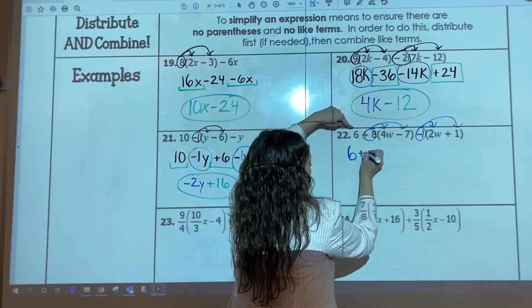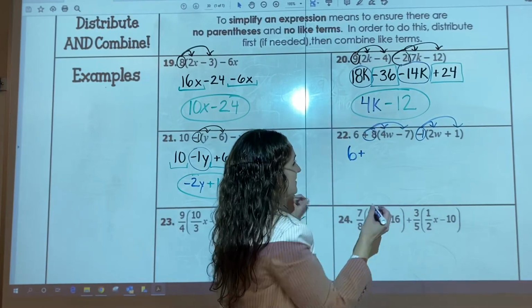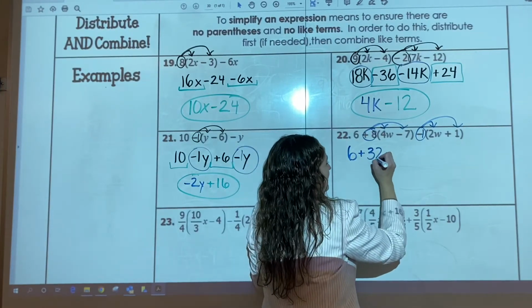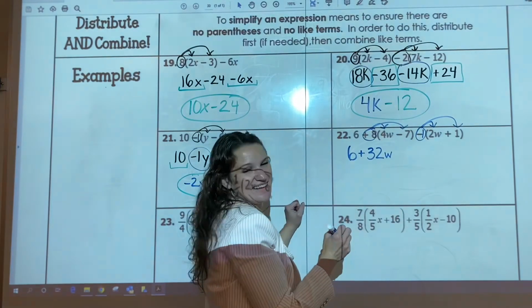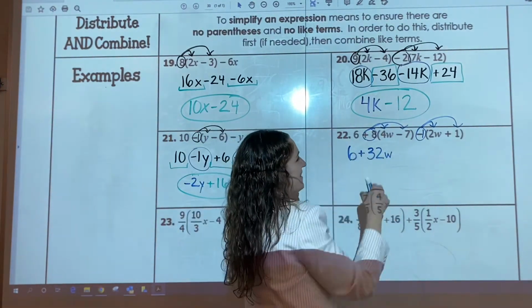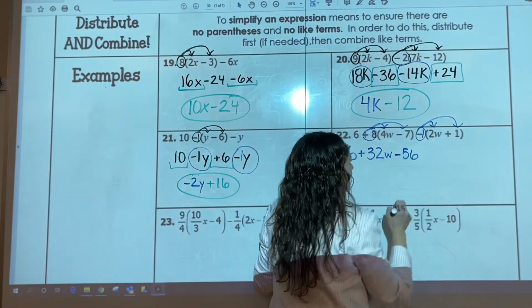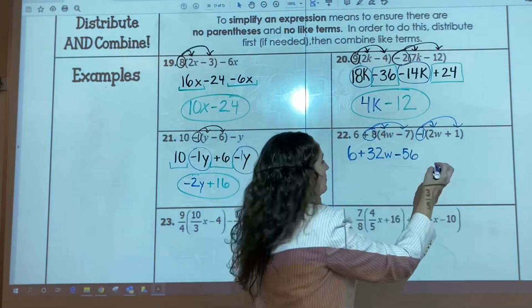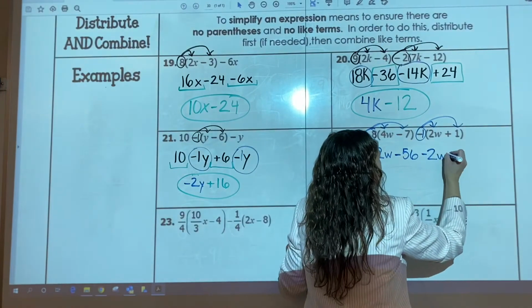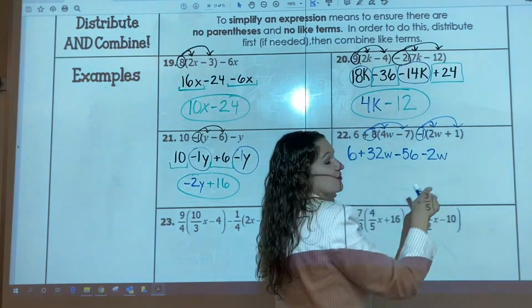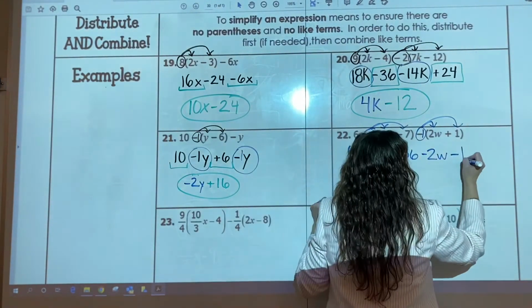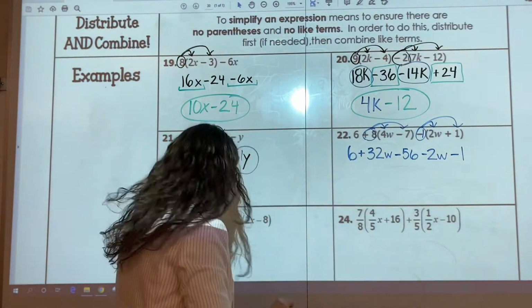All right, and since I know that 8 times 4 is going to give me a positive 32, there's that. So then 8 times -7 is a -56. -1 times 2w, -2w. -1 times +1 gives me -1. All right, let's look for like terms again.